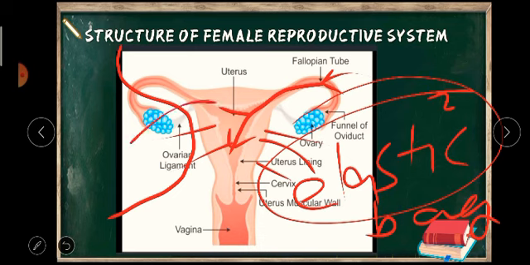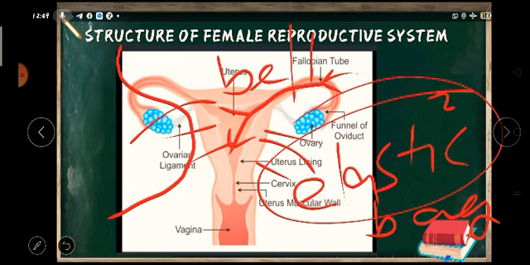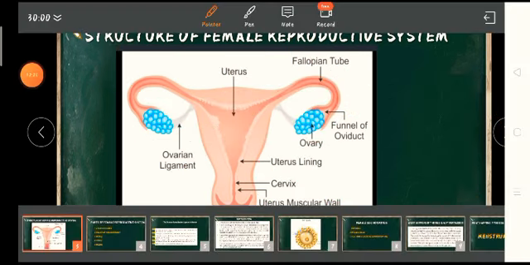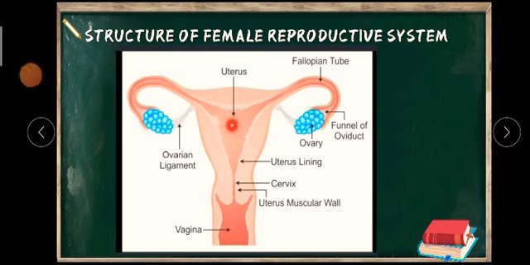The mother's abdominal portion starts growing because of the baby. And what actually grows? The uterus grows, because of which the mother, once she gets pregnant, develops her belly. Is it clear?